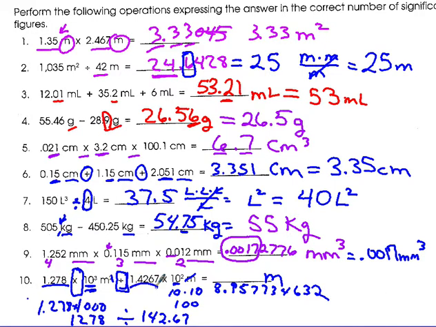This one has 5. So I have to use the 4 significant digits. 1, 2, 3, 4. This 7 tells me I need to round that one up. So my answer is 8.958 meters.